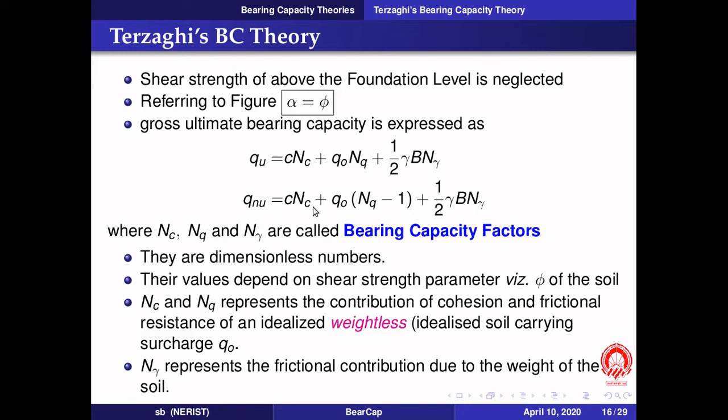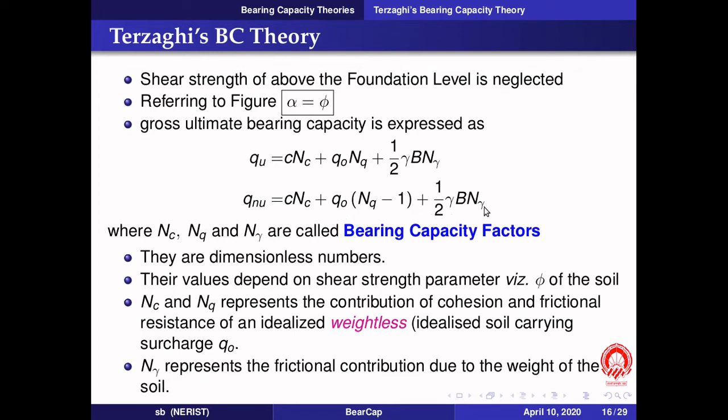In the net ultimate bearing capacity, there will be a negative q naught term, because net is defined as gross ultimate minus the surcharge. So that is taken common here, so it can be expressed as cNc plus q naught into (Nq minus 1) plus half gamma B N gamma.